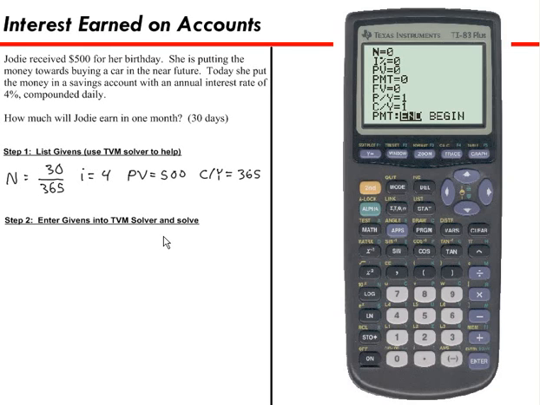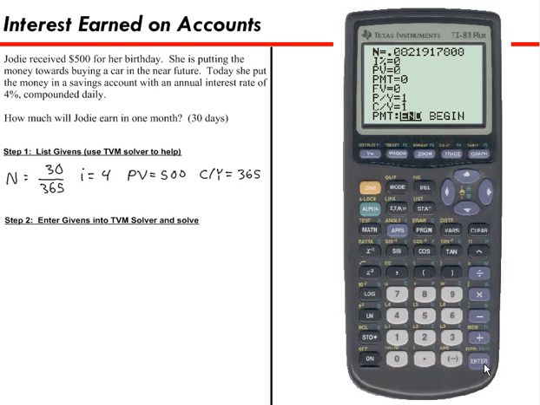Okay, step 2, we need to enter the givens that we've found in step 1 into the calculator, and we'll solve. So watch as I do that. N's the tricky one. It's the fraction that we have right here. So I'll type in just what I see there, 30 divided by 365. Remember, that's converting into years. Then I hit enter, and it does a nice little favor for us.